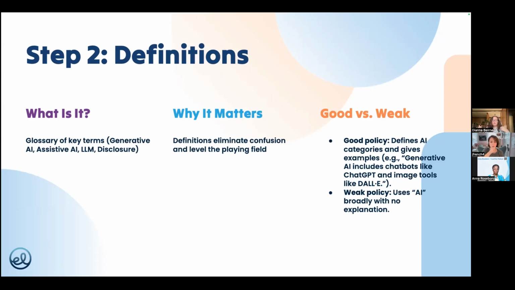LLM stands for large language model. A large language model is an AI that's trained on tons and tons of text so that it understands and generates human-like language. Again, ChatGPT is an example of that. Think of generative AI as the big category, and large language models, or LLMs, as a subcategory underneath that.